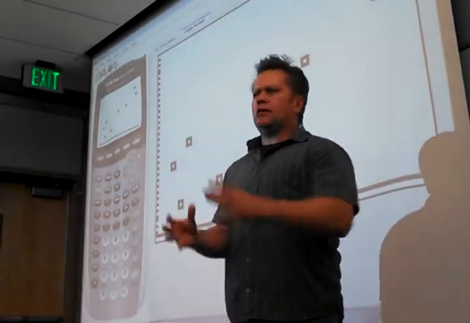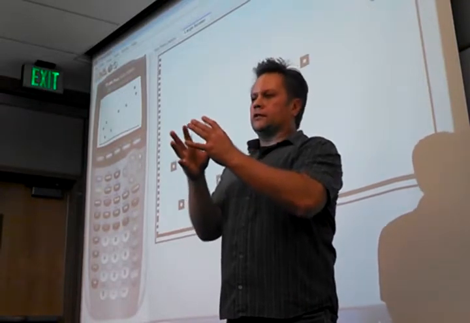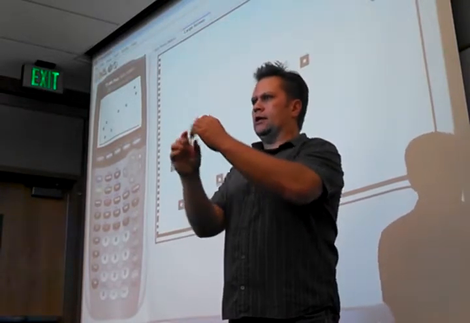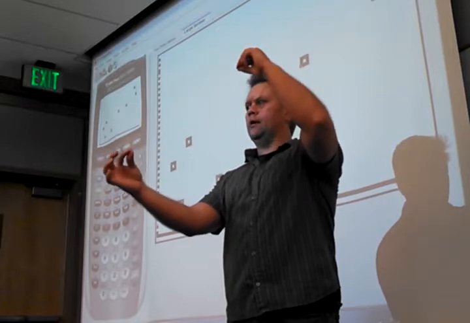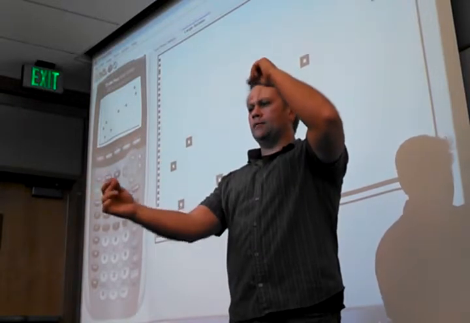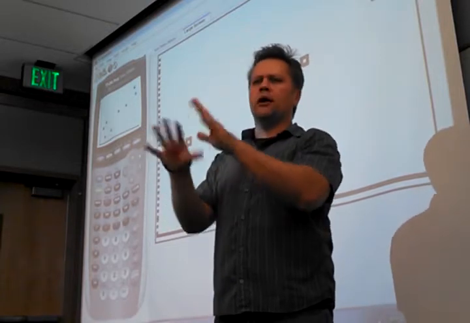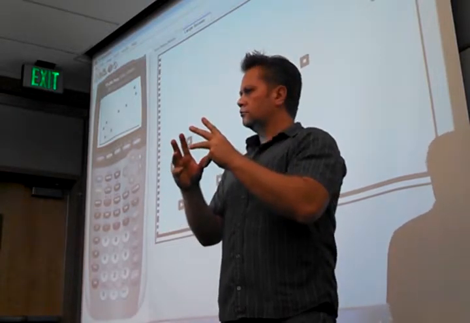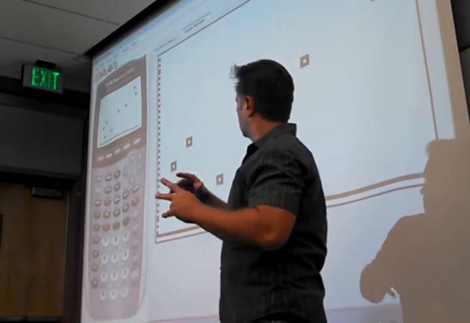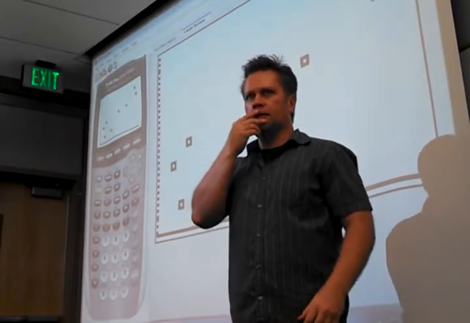So I expect the number that represents how strong the relationship is, how close the points are to lining up directly on a straight line, to be maybe around 0.7. Maybe a little less than that. I don't know. We'll find out.